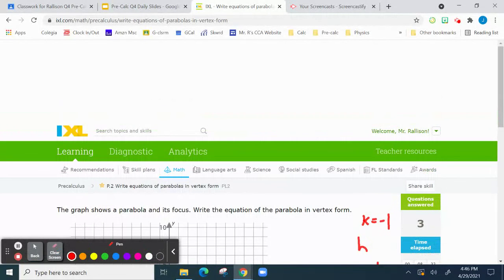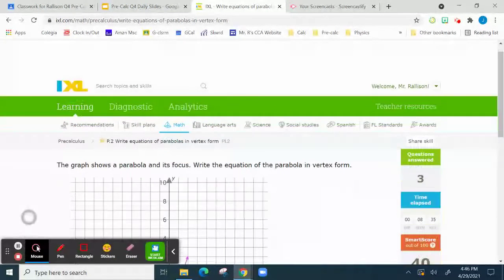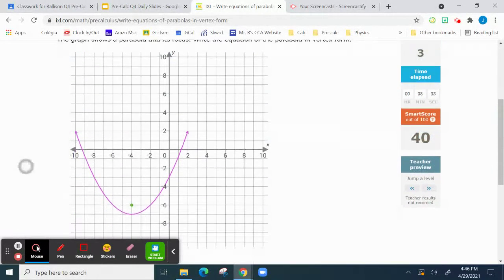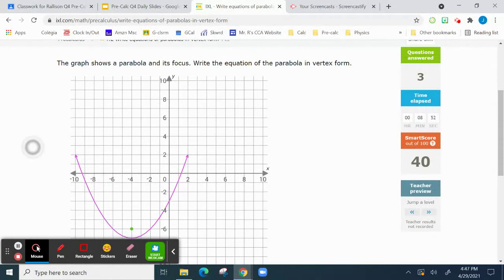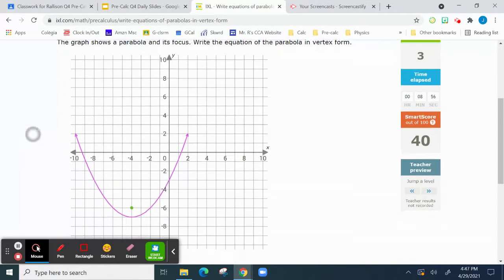All right, let's see what we got here. Okay, we've done a couple of those. I think I'm going to hit the jump a level. Okay, so the only difference here, right? And I'm going to just show you what's going on here. The only difference here is that this graph shows a parabola and its focus, right? Write the equation of the parabola in vertex form.